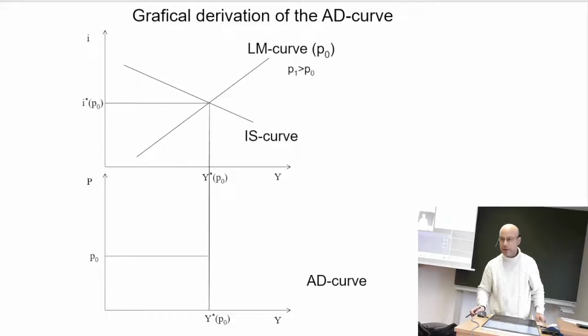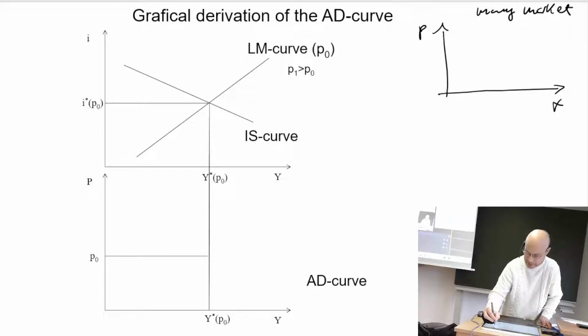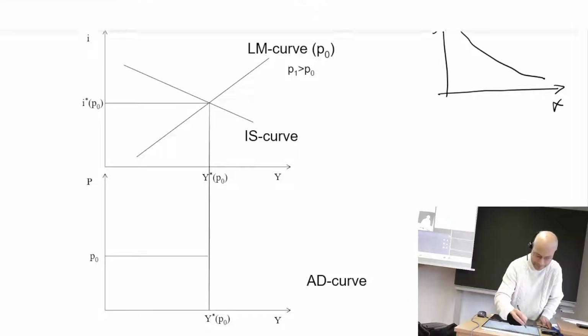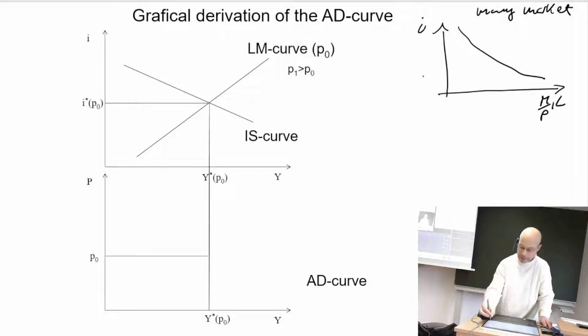Let's have a look here also in our diagram. So what happens? We have from the money market interest rates, money supply and money demand.